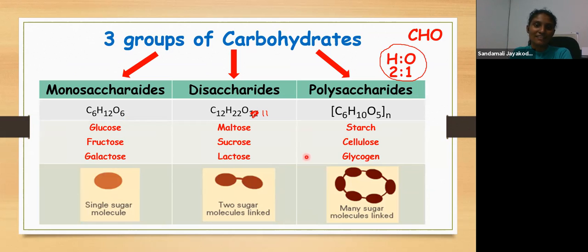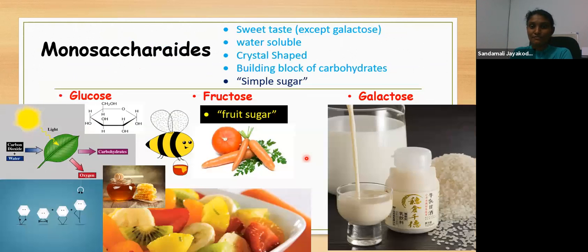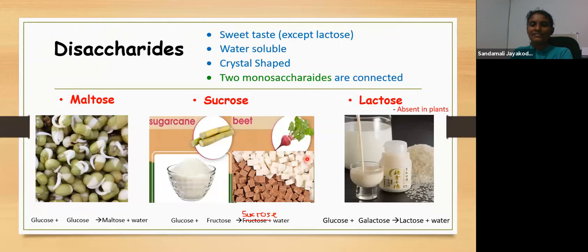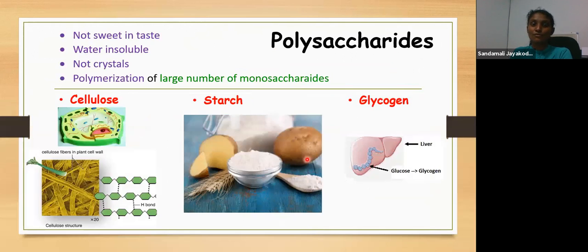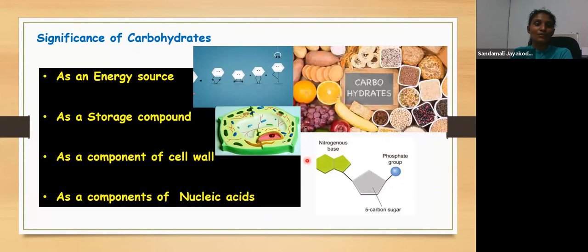Monosaccharide, disaccharide, polysaccharide. Yeah, those are the main three groups of carbohydrates. And we have discussed these three in detail, what their features are, examples, where we can find them, and what the significance of all these carbohydrates is.